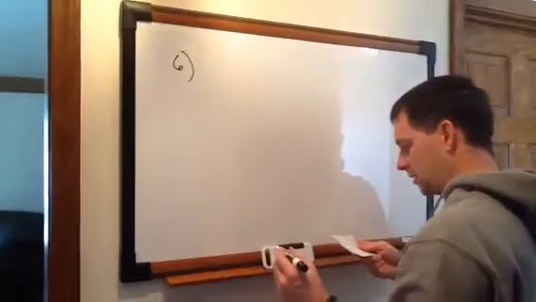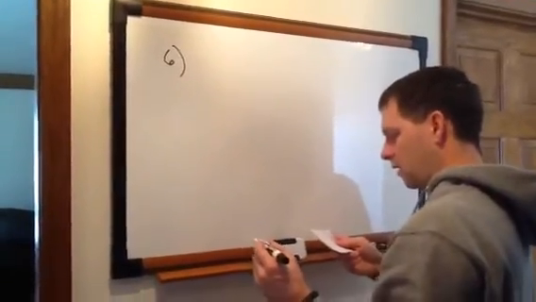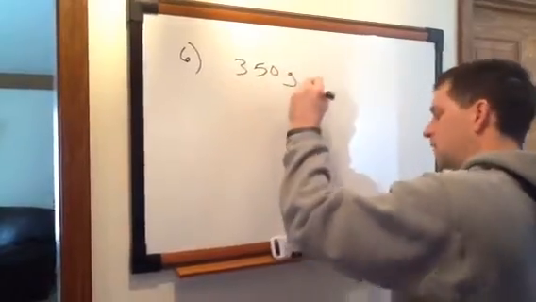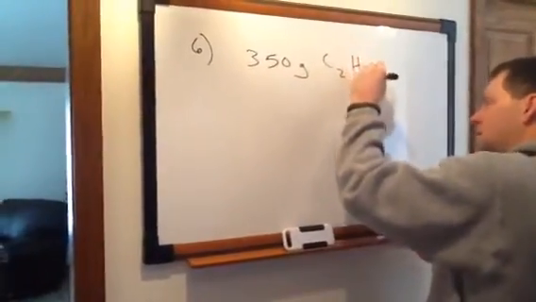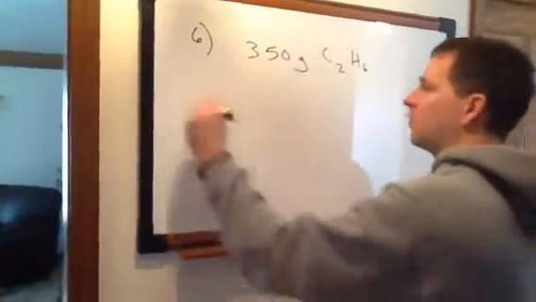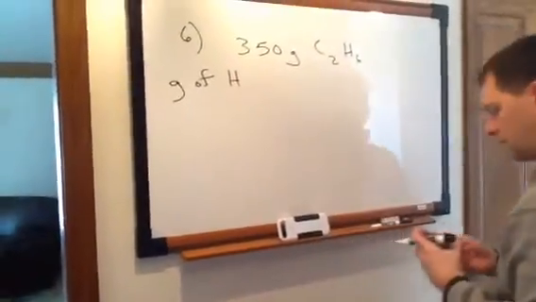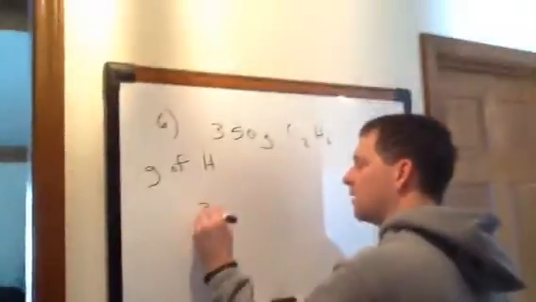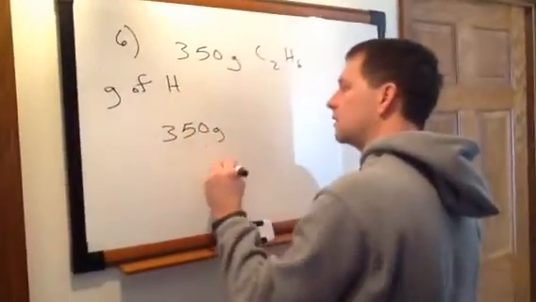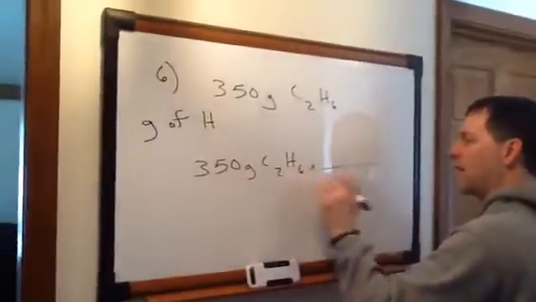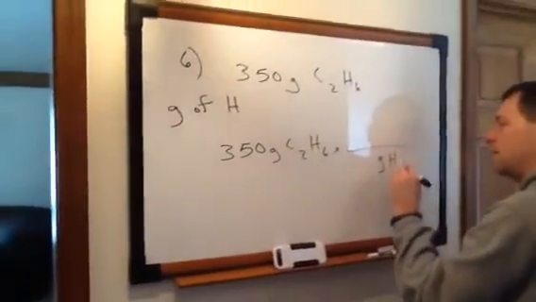Okay, next problem we're going to go over for you is problem number 6. In problem number 6, we are given 350 grams of C2H6, and we want to find the grams of hydrogen in that. So again, write our given information down first, 350 grams of C2H6. Gram of C2H6 goes on the bottom.